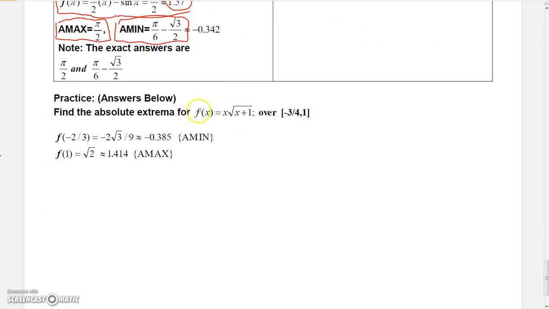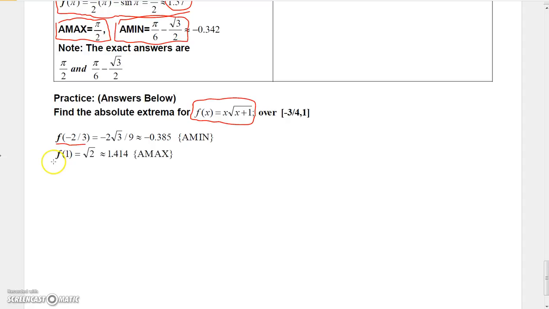Now down here is another example that you can practice on. Take this function, find its derivative, and find the critical numbers of that derivative. Now I got a critical number of negative 2/3, and when I plug negative 2/3 in, I got a minimum of negative 0.385, and then you can evaluate the function at negative 3/4 and see what you get.